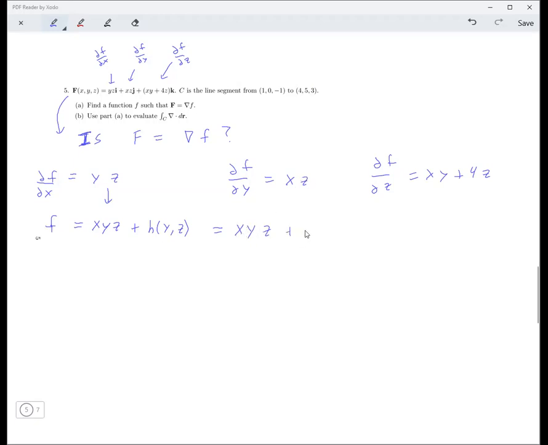But you could also have a function in x and z, and the partial of this with respect to y is just going to be 0. Over here, similarly, xyz, because the partial of this with respect to z is xy. But we also have this piece here, 2z squared. Partial of this with respect to z is 4z. And then you could have some function in x and y.